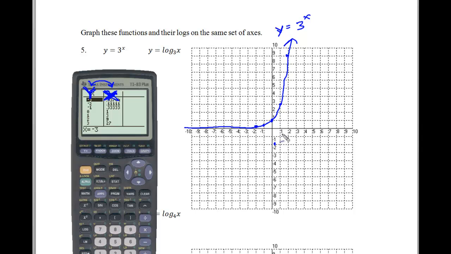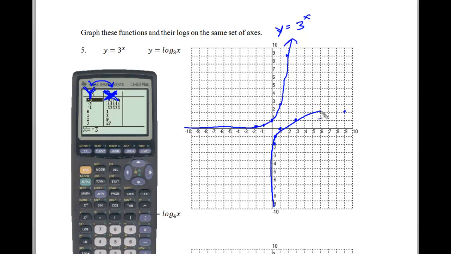It looks like my x is 0.33333 and y at -1. My x is going to be at 1 and y at 0. My x is going to be at 3 and y at 1. My x is going to be at 9 and y at 2. So here is my logarithm.